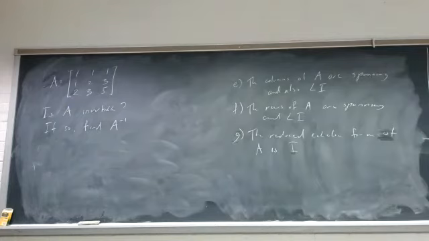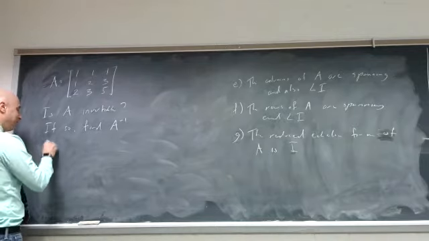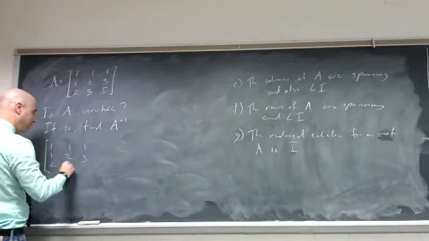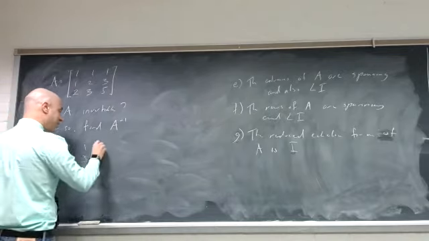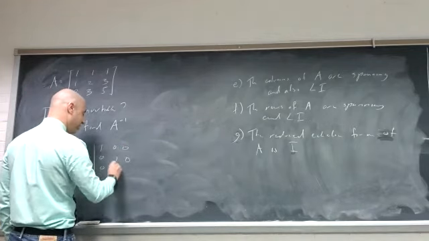So basically, to find out if it's invertible, you're going to row reduce this and see if you get the identity or not. But to find its inverse, you'll row reduce it: 1, 1, 1, 1, 2, 3, 2, 3, 5. But you'll start with the identity over here: 1, 0, 0, 0, 1, 0, 0, 0, 1.